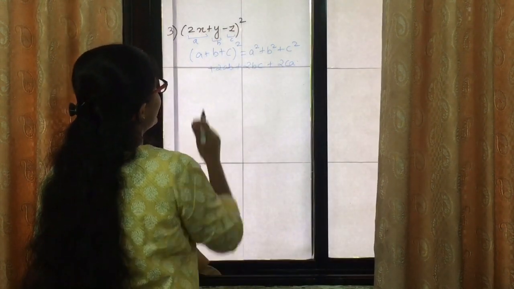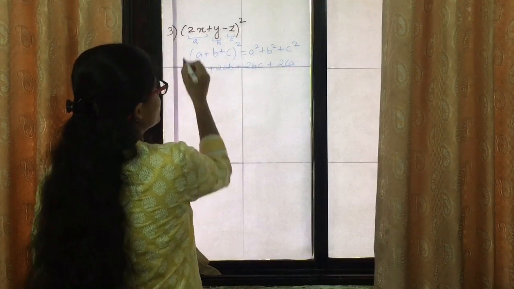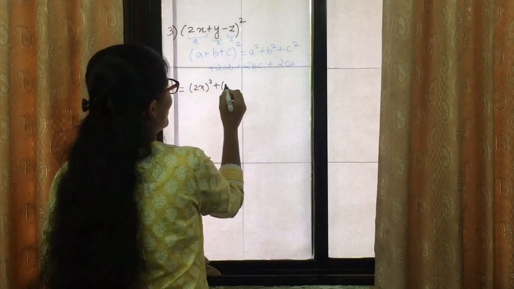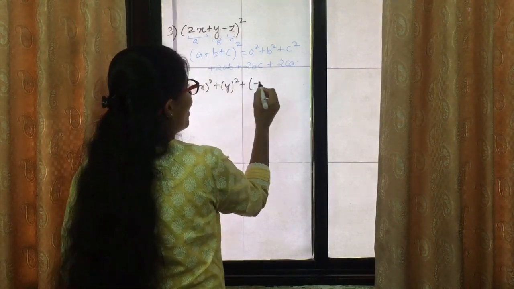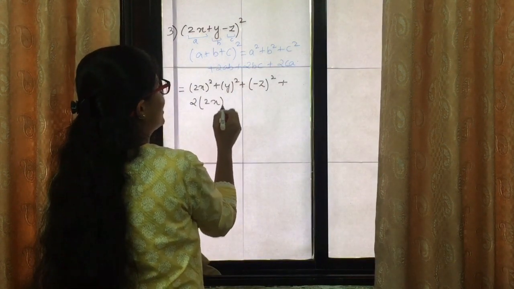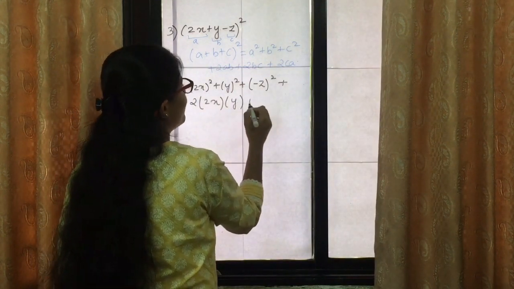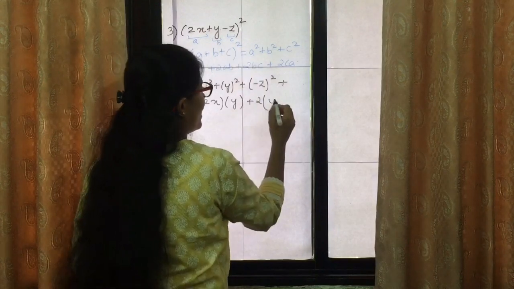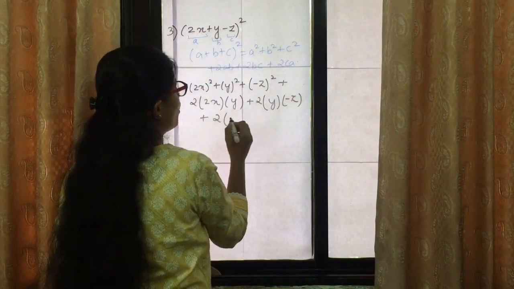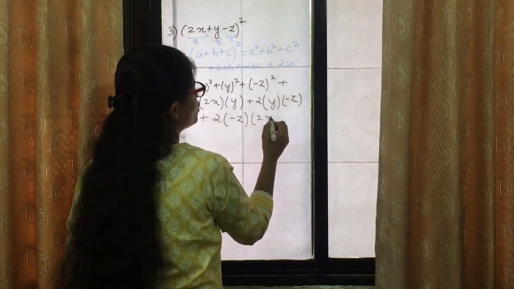So if I apply this identity, the whole expansion will be equal to (2x) square plus y square plus (minus z) square plus 2 into a, which is 2x, into b, which is y, plus 2 into y and c, which is minus z, plus 2 into c, which is minus z, into 2x.